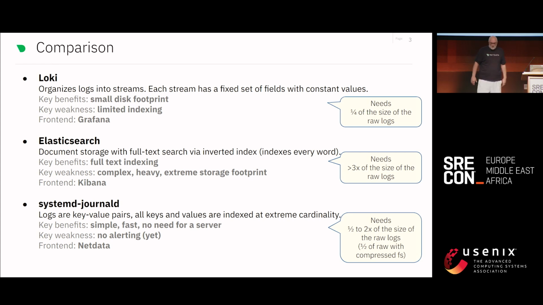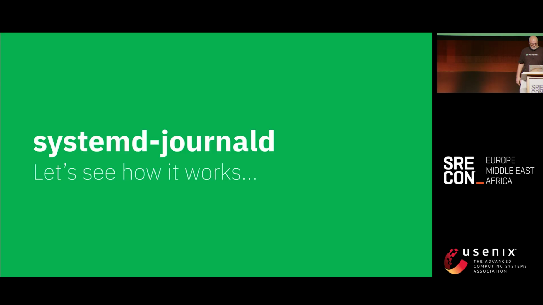Complex, heavy, extreme storage footprint. Systemd journal is in the middle again. It's simple, fast, no need for a server, low resource usage. The key weakness today is that we have not yet, as Netdata, added alerting to it. This is in our plans for this year.